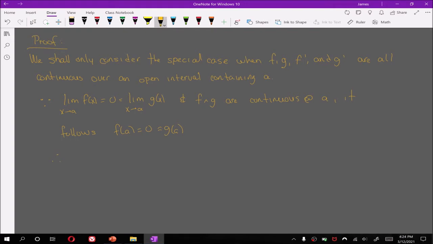Therefore, we can write the limit as x approaches a of f of x over g of x as the limit as x approaches a of f of x minus f of a over g of x minus g of a.